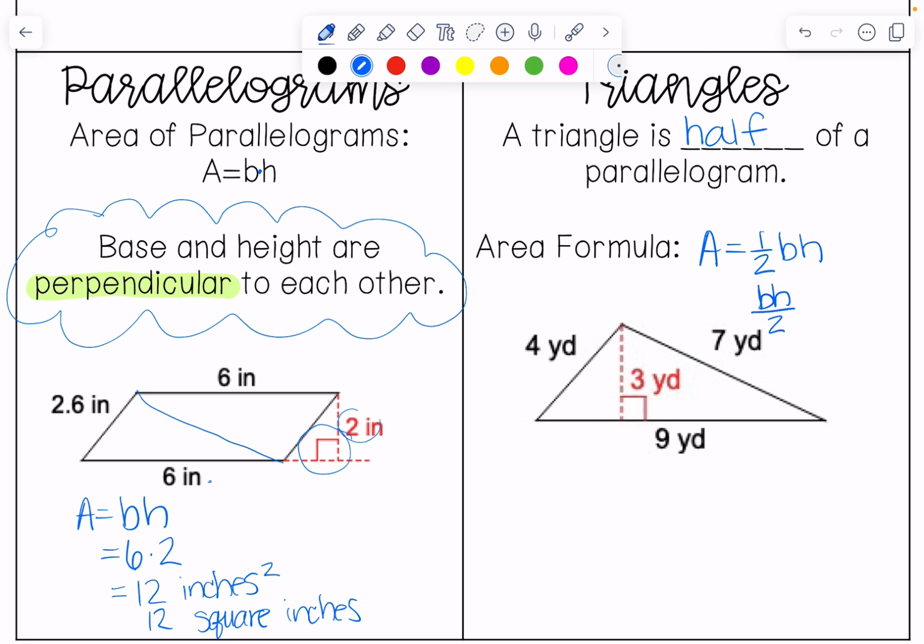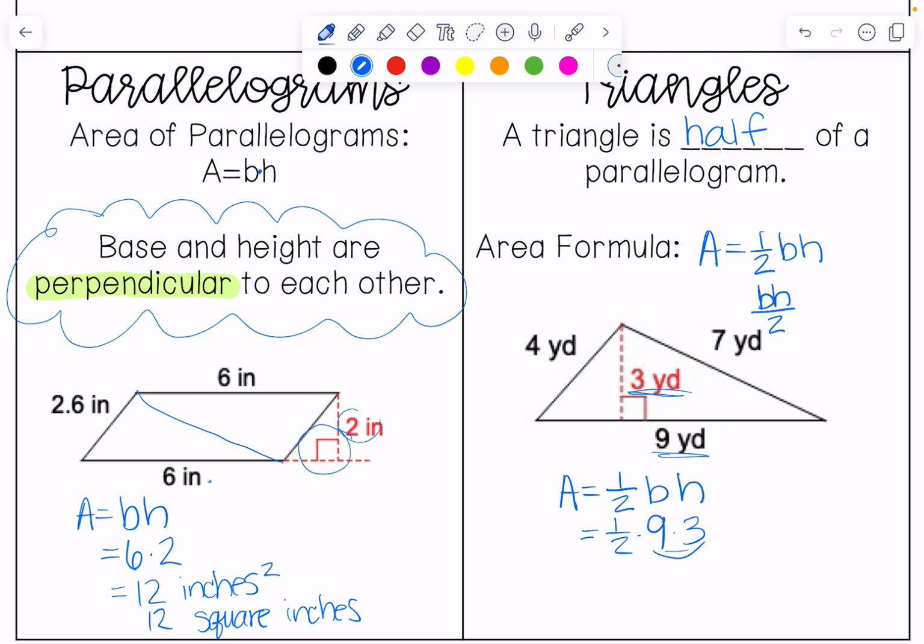If we wanted to find the area of this, we're going to do 1/2 base times height. And here again, my base and my height are always going to be perpendicular to each other. It doesn't matter which one of these shapes I'm talking about. So my perpendicular measurements are the 3 and the 9. So 9 and 3 are my base and my height. I'm going to be doing 1/2. Sometimes if there's one of these numbers that's easier to take half of first, you could do that first.